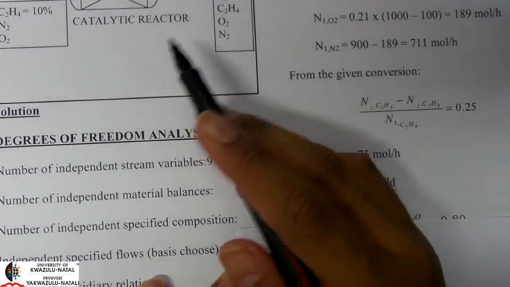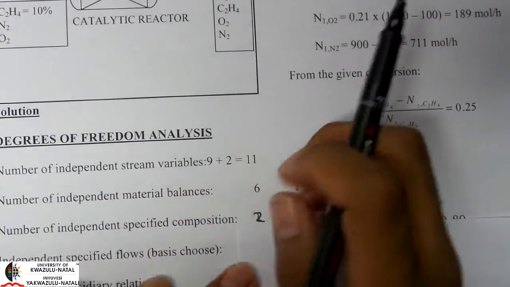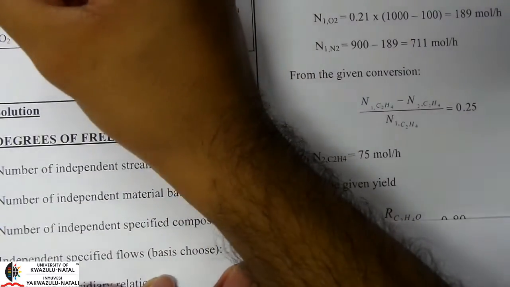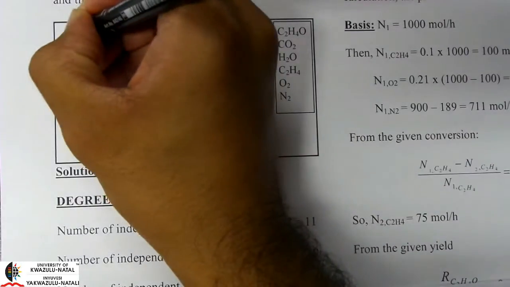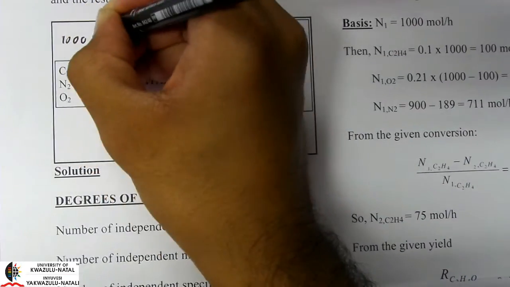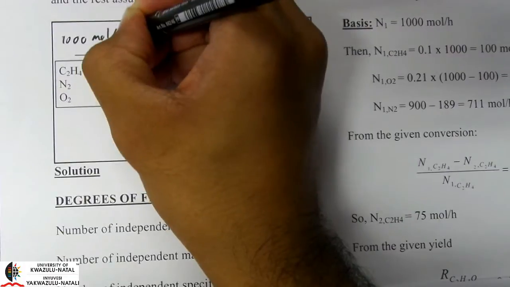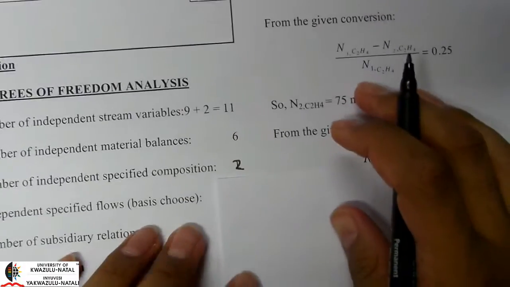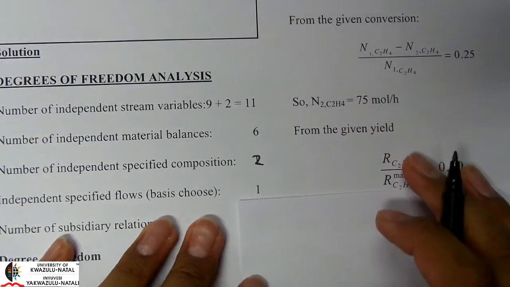If we assume a basis, let's say for the feed, a basis of perhaps 1000 moles per hour, then we have one flow specification.